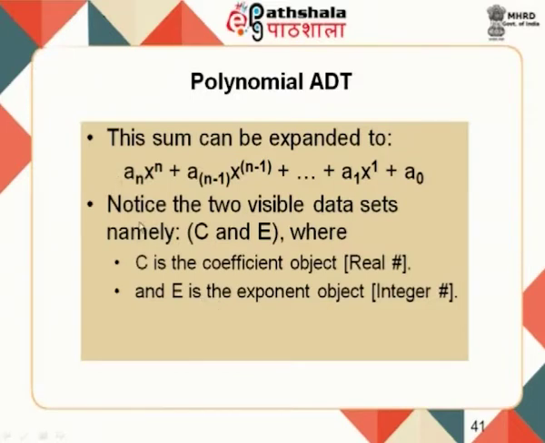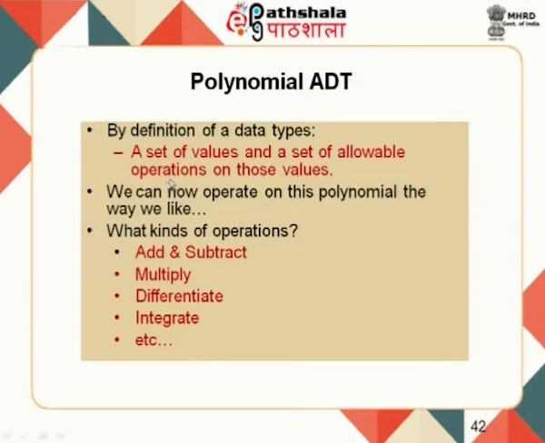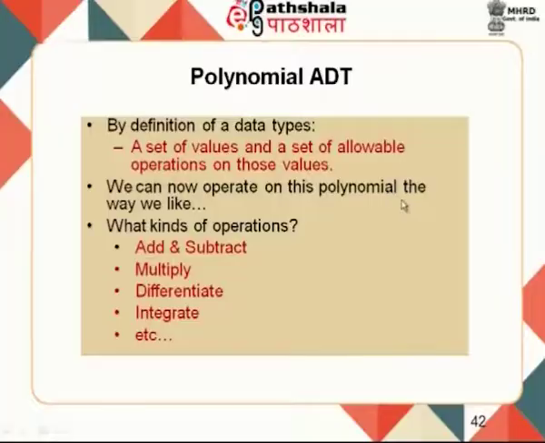The coefficient can be a real number while the exponent is only an integer. By definition, an ADT is a set of values and a set of allowable operations. What operations would you allow on the polynomial? Addition and subtraction, multiplication, differentiation, integration, this is possible. This is just to tell you that an ADT need not necessarily be only a conventional data structure, it can also be a polynomial where you represent the polynomial and implement the operations of the polynomial.